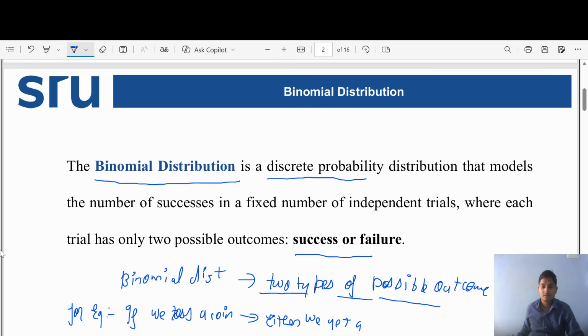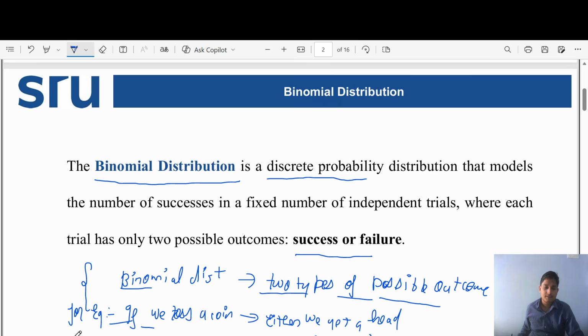Either we get a head or we get a tail. So in binomial distribution, these types of problems are solved.